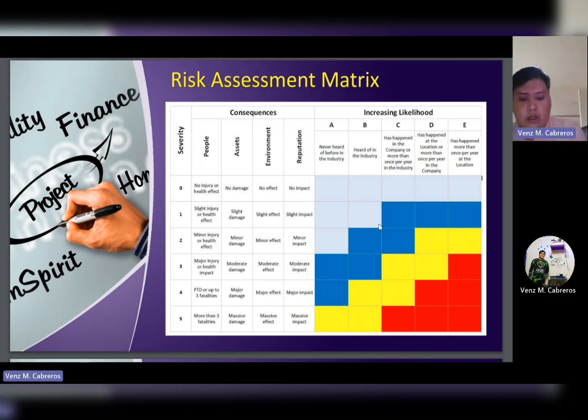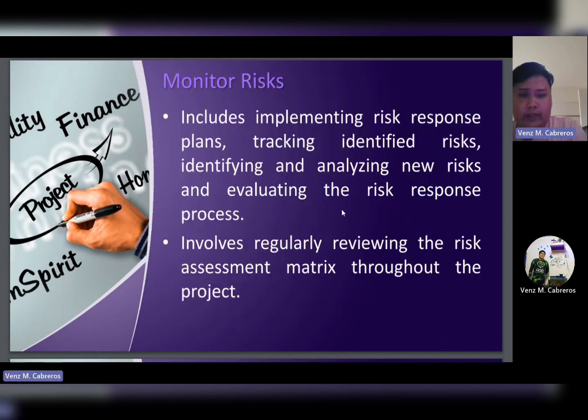Any risk assessment matrix uses two axes, one that measures the likelihood and one that measures the consequences. Next is to monitor risk.